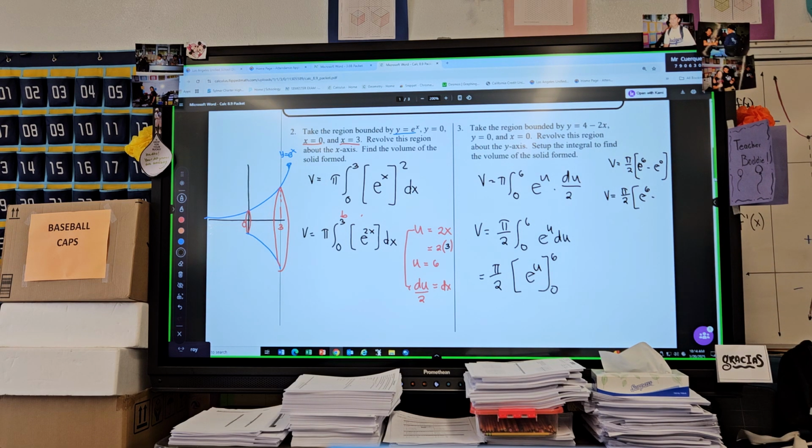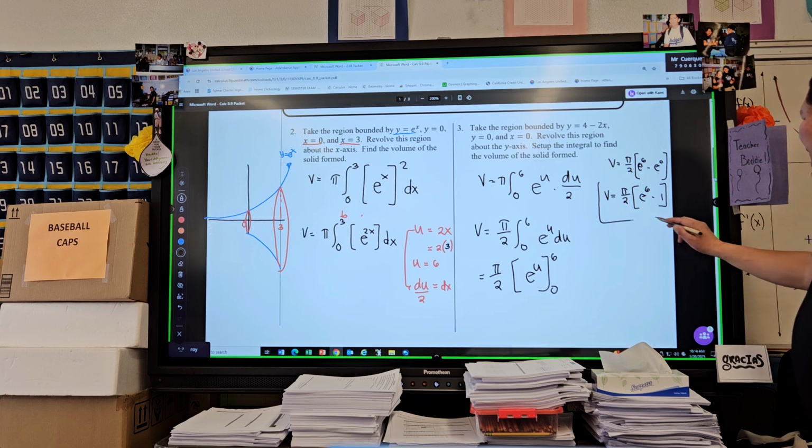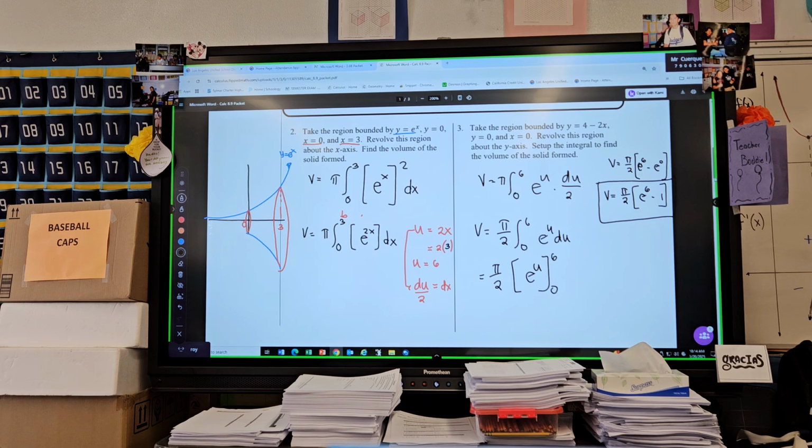What is e to the power of 0? 1. You said a while ago, is it 2x? It's not anymore. So therefore, this is the final answer. Pi over 2, then e to the power of 6 minus 1.